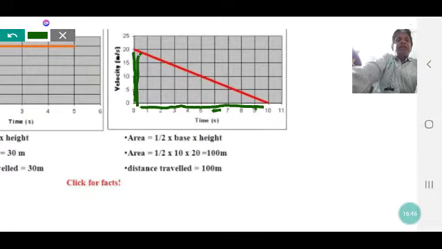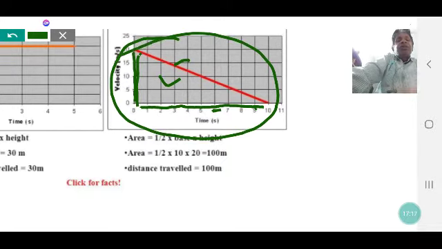Area is equal to half into base into height for the triangle, and here it is half into 10 seconds into 20 meter per second. 20 into 10 is 200, divided by 2, we get 100 meter. By this graph we calculated that the distance covered is 100 meter in the time interval 0 to 10 seconds.